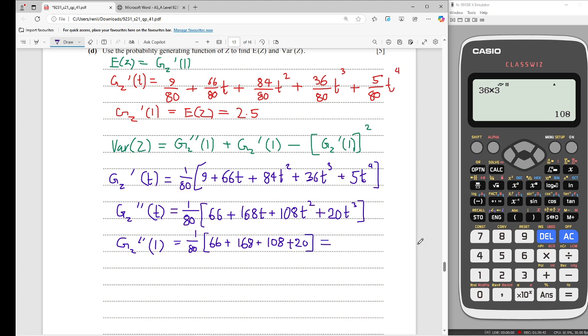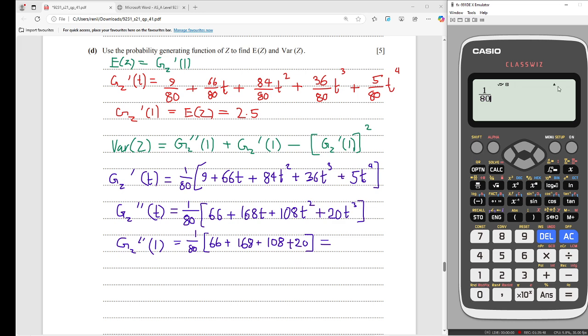We get this value as 1 by 80 times 66 plus 168 plus 108, finally plus 20. And this should give us a value of 181 over 40, which is 4.525.